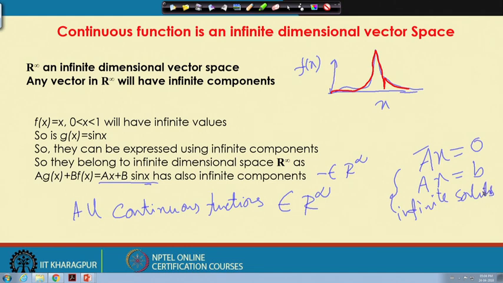Now, these infinite solutions belong to a certain vector space, but that cannot be R infinity. If x has 10 components and I say Ax = b has a solution which belongs to R10, it definitely belongs to R10, but then it can be any vector in R10. It does not tell me anything about the nature of the solution.